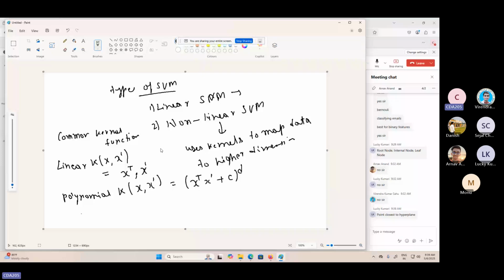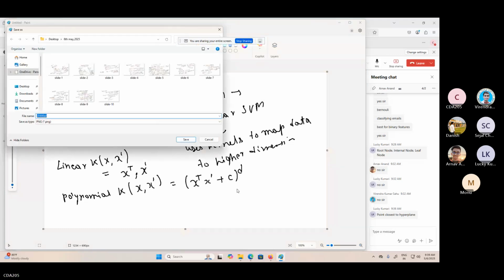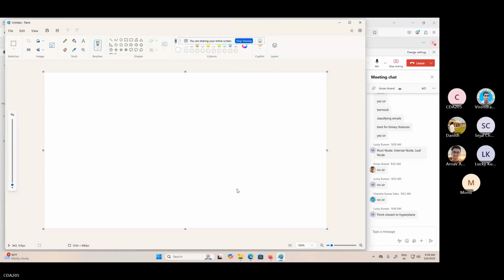Now, what are the advantages of SVM? First of all, it is effective in higher dimensions.